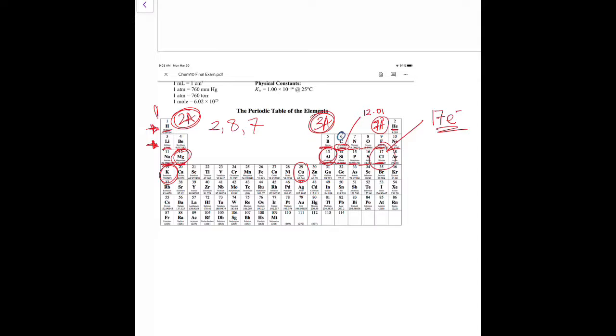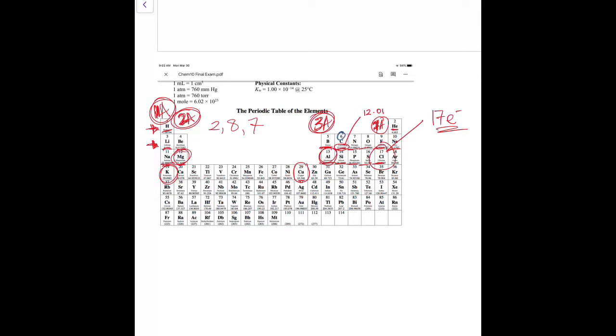Potassium is in group 1A, right? And then how many valence electrons does potassium have? 1. How many does magnesium have? 2. How many does aluminum have? 3. How many does chlorine have? 7. Right? So you notice the pattern there?